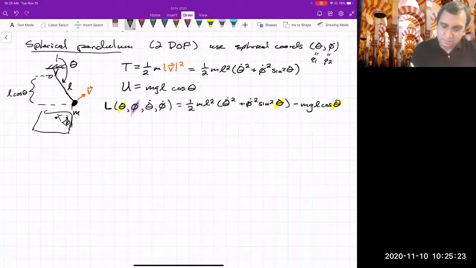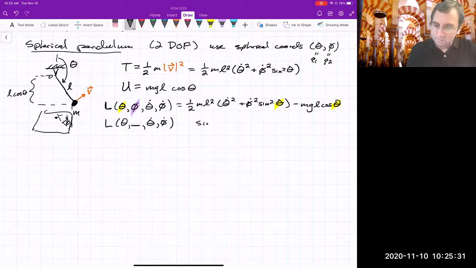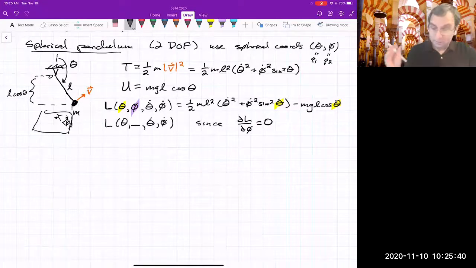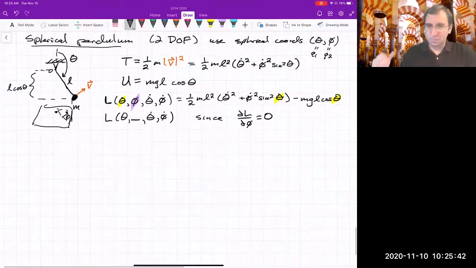So we might put a little blank there. So partial L partial phi equals 0. Technically, under this procedure, we say that phi is an ignorable coordinate.